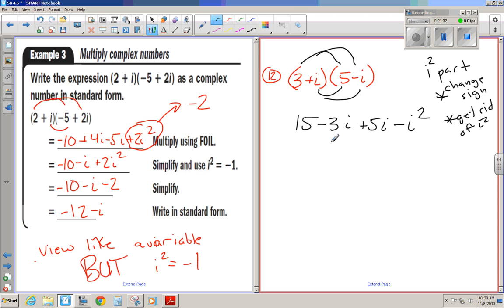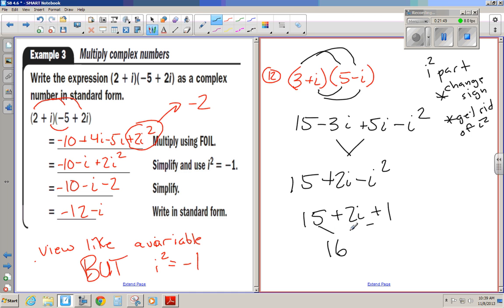So I can rewrite this. I have to change the sign and get rid of the i squared. And now when I combine like terms again, you got that. So that's multiplying.